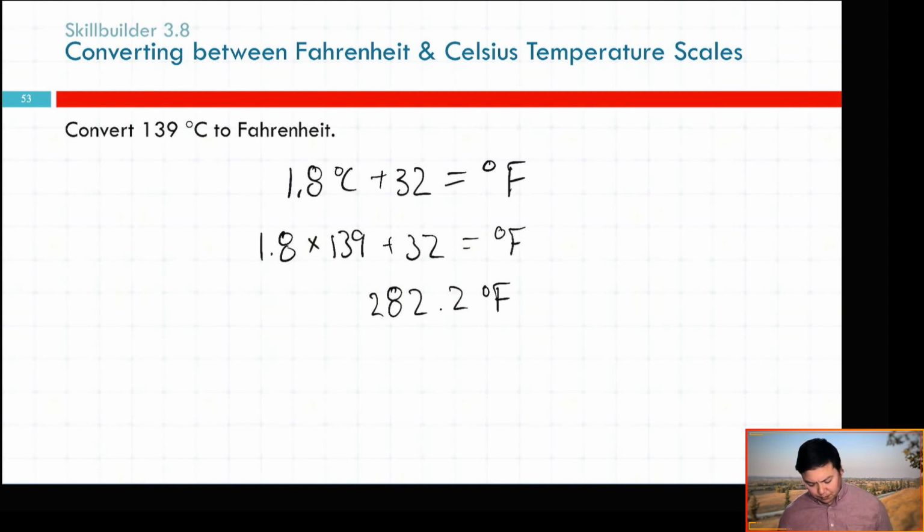I believe these conversions are exact, so you don't have to worry about using 1.8 or 32 as your lowest significant figures, because 32 has no decimal places. You would just use the 139 and its significant figures. So we would actually have 282 degrees Fahrenheit.